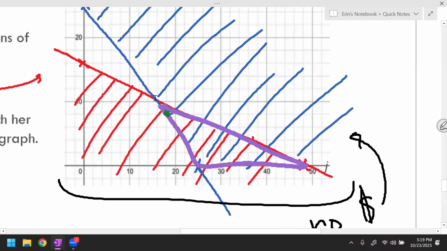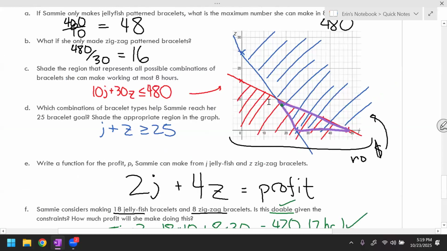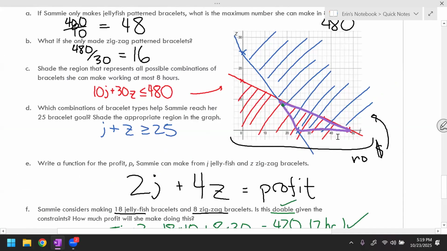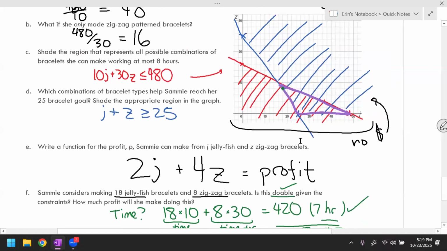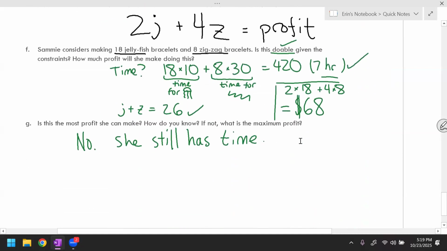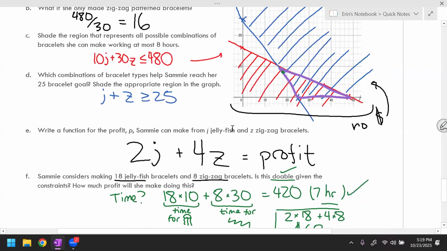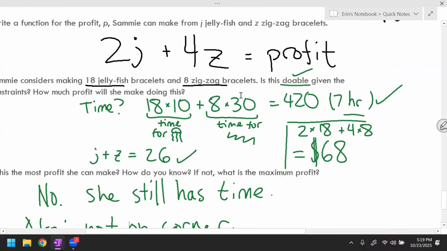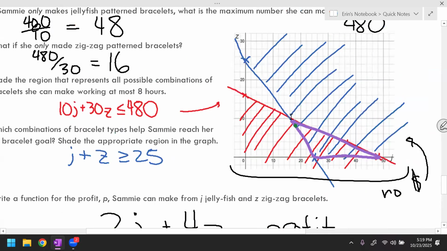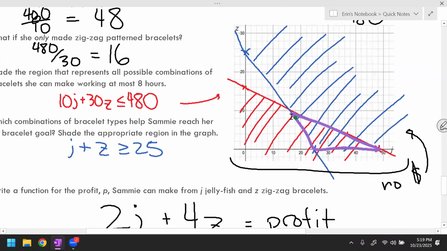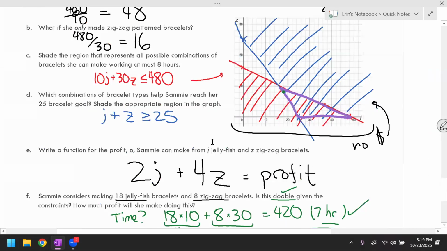So in order to check what the maximum profit actually is, we would have to check all 3 corners to see how much we can make. Now I could do that, but then I would have to solve the system of equations to find this intersection point. I don't particularly want to do that. Okay? So instead, we're just going to try and apply some logic here.